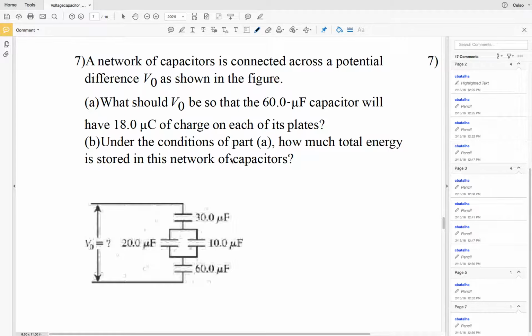And here it is in series because the current is the same. So a group of capacitors are in series if the current across them is the same.